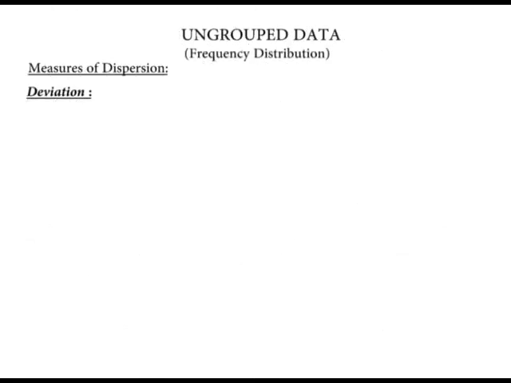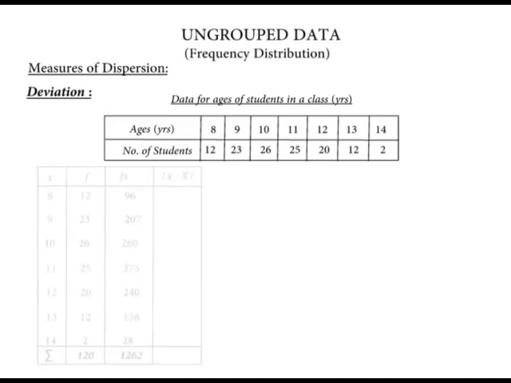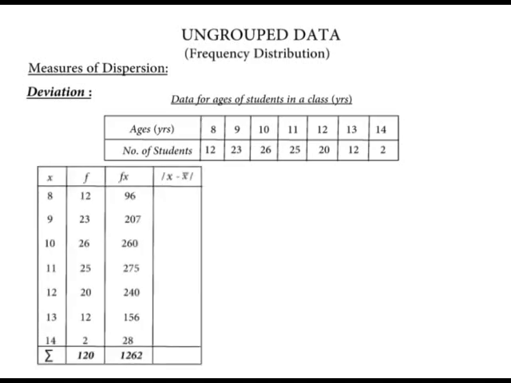What if it's a frequency distribution, like the one we had before? First, we find the mean. Mean is given by summation of fx over the summation of frequency. That was 1262 over 120, which gave us 10.5. Now we calculate the absolute deviations, the absolute value of x minus x bar.